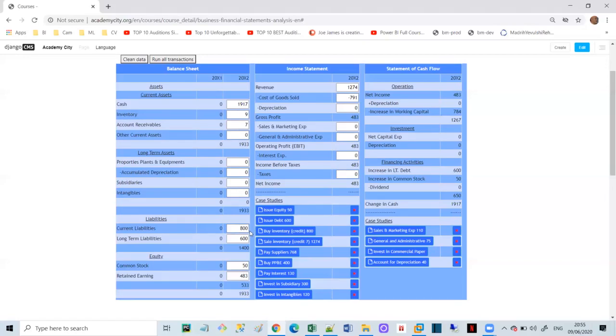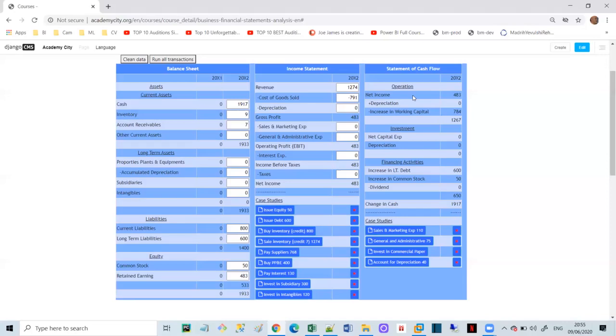But for the statement of cash flow, we take the cash out. The cash is not included. So we just take current assets, not including cash, and we subtract from it the current liabilities. This is our working capital for the purposes of the statement of cash flow.